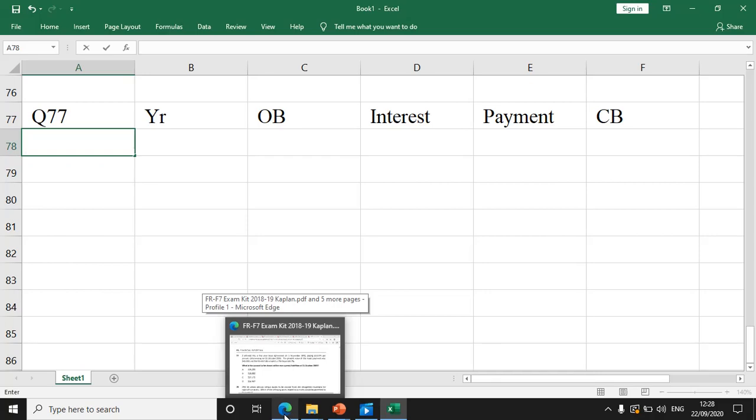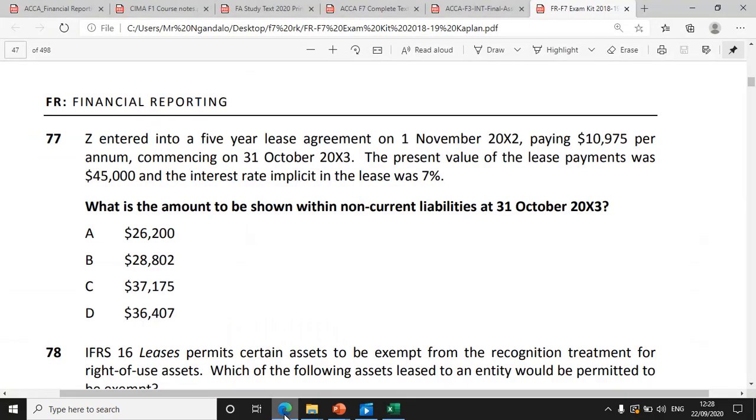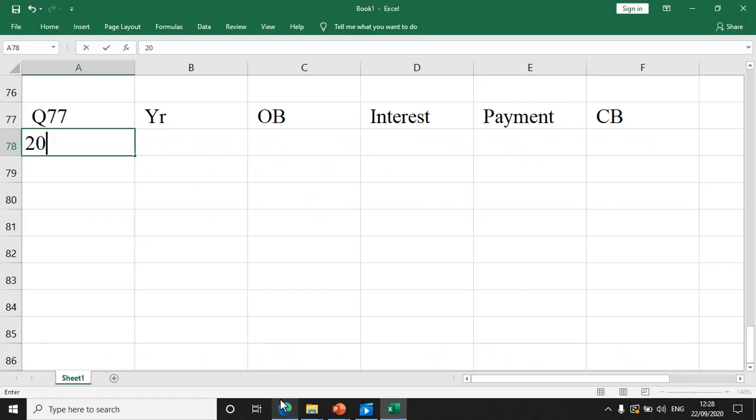Remember, some figures are found in the following year. So when did we get the lease? In X2, which is ending in X3. This is not a calendar year, please remember. So if I do some works there, I've got 20X3, and I'm supposed to have X4 there.